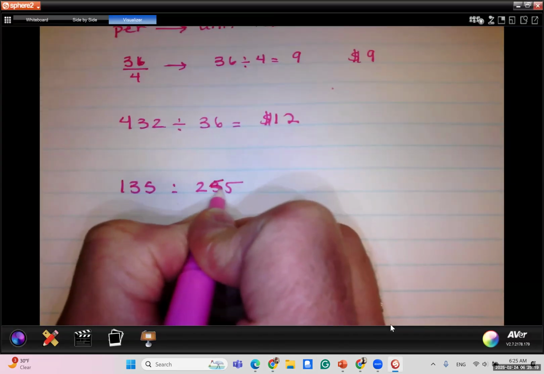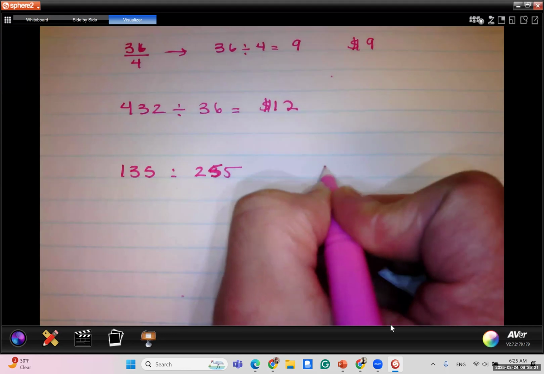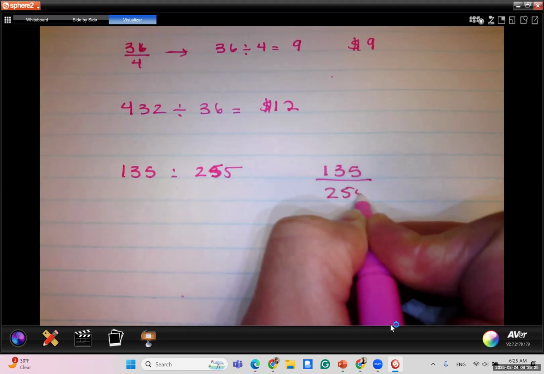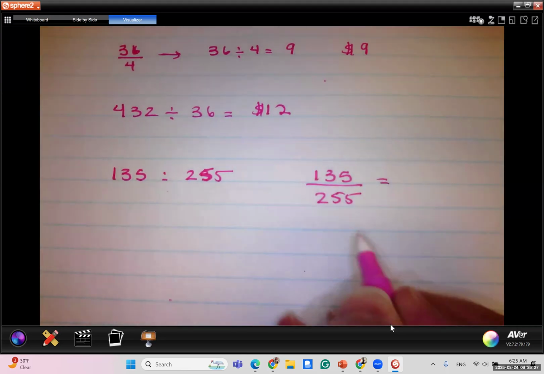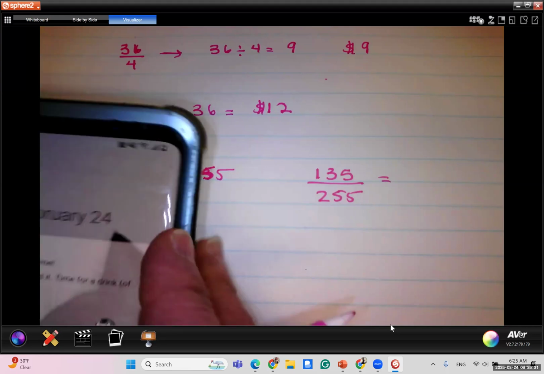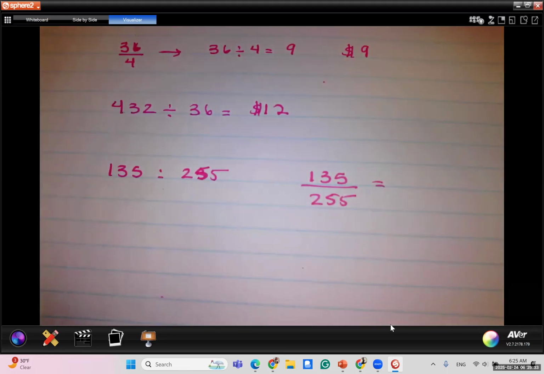Okay. So you can write it like that, or because we might need to simplify, we're going to write it like this. And it is in fact simplifiable because both of them are divisible by 5. So both 135 and 255 are divisible by 5. So let's divide them. So 135 divided by 5 would be 27.